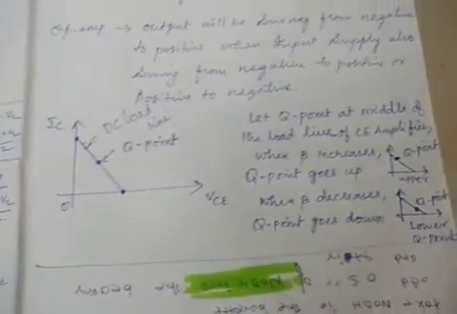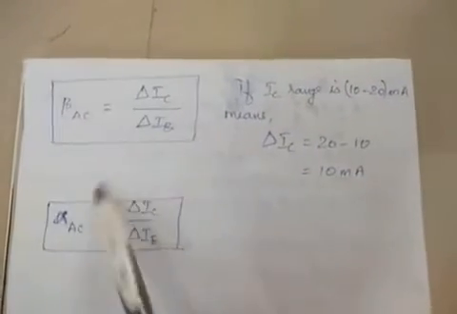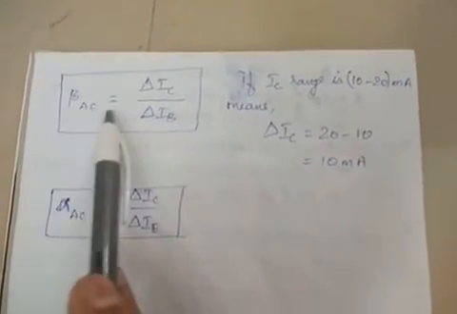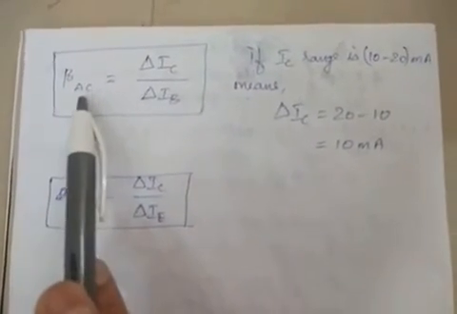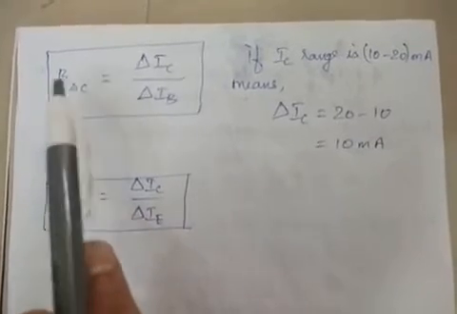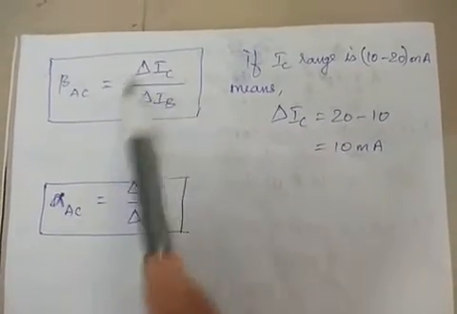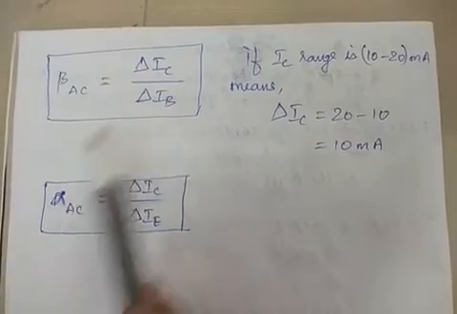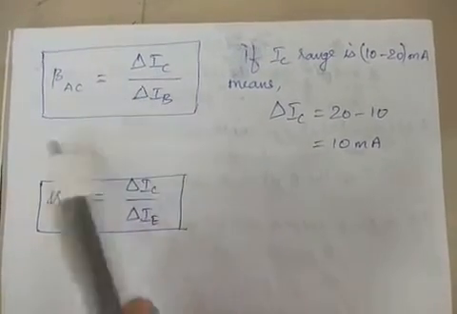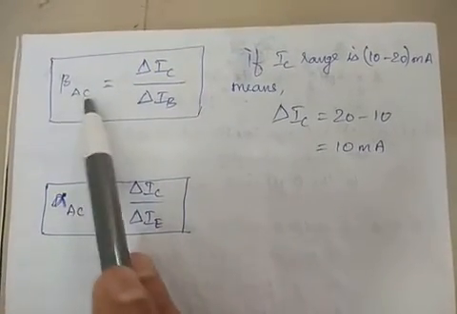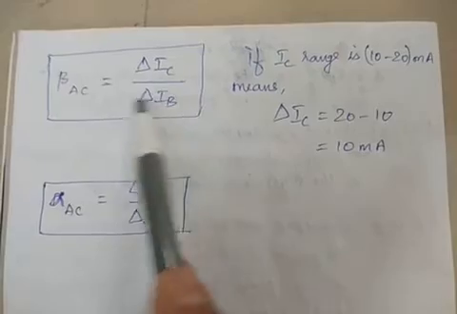Right? Then next one. Suppose beta DC we discussed, and some problems we have already seen. Suppose AC beta, which means varying currents. If I am taking AC values, varying current means it's the AC value, right? So beta for AC is equal to del IC by del IB.